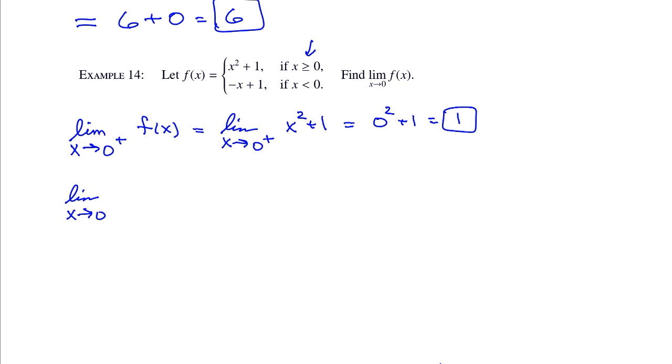Next, we want the limit as x goes to 0 from the left of f of x. Same logic applies. You look at the piecewise function and determine what expression is being used with numbers that are less than 0, and that is the negative x plus 1 expression.